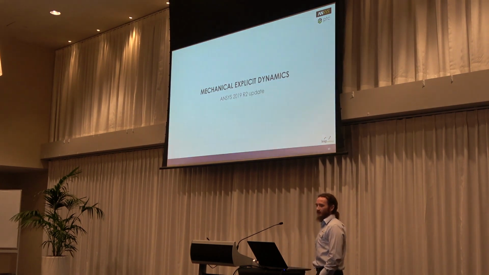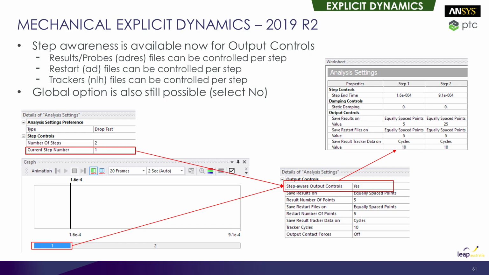Okay, explicit dynamics. So the explicit dynamics tool, if you're not familiar with it, is the mechanical interface using the Autodyne solver under the hood. So the new feature in R2 is step awareness. So previously, when we set up an explicit dynamics analysis, you set up a beginning time and then an end time, and then everything was just solved between those 2 times.